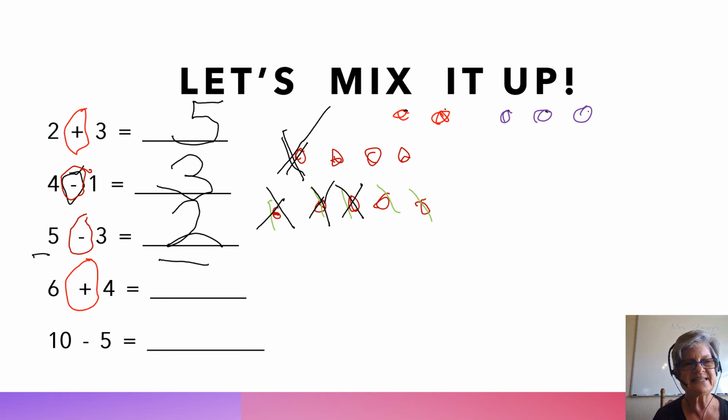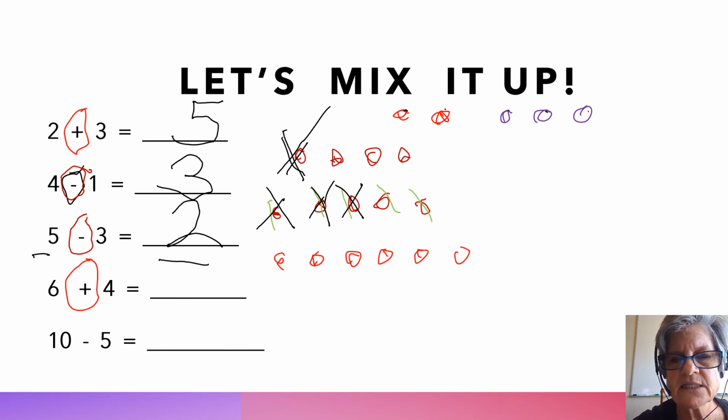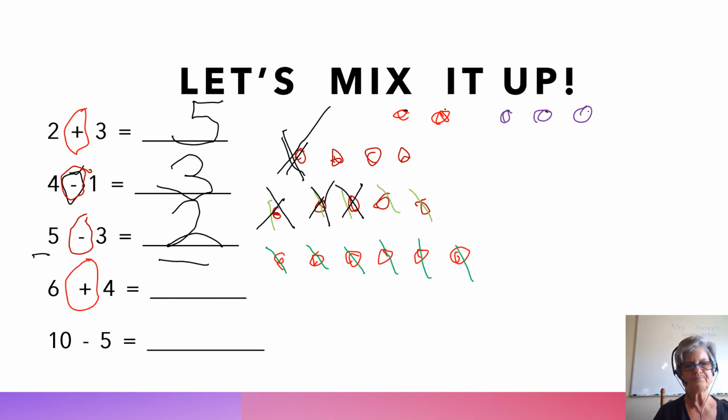So I start with 6 and I'm going to draw 6 circles. 1, 2, 3, 4, 5, 6. And then I'm going to count them again to make sure I have 6. I go 1, 2, 3, 4, 5, 6, and I do.